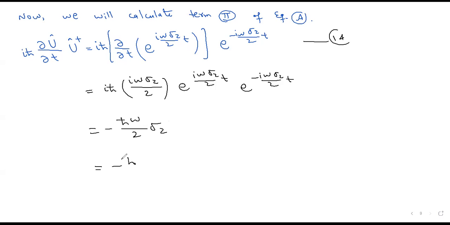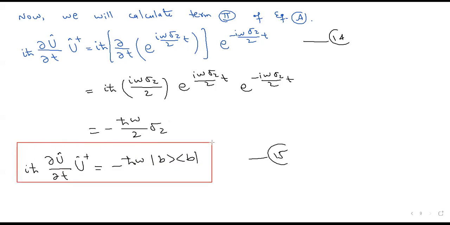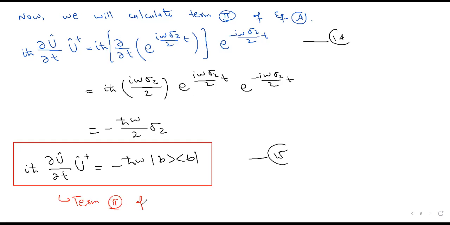So minus ħω, and this is U dagger ∂U/∂t iħ. So this is equation number 15. Basically this is the term 2 of equation A.